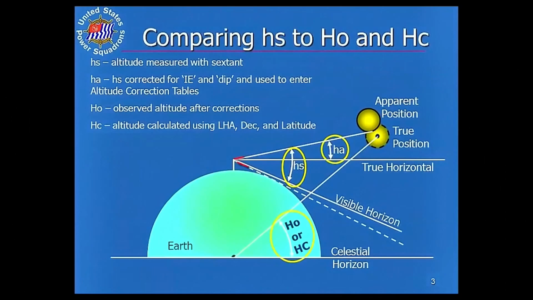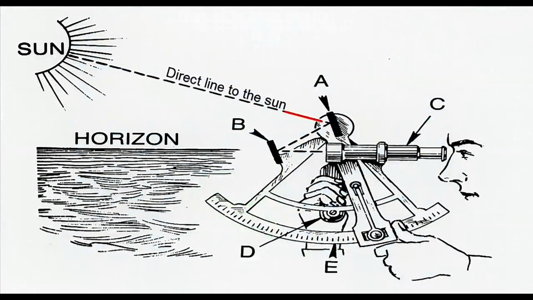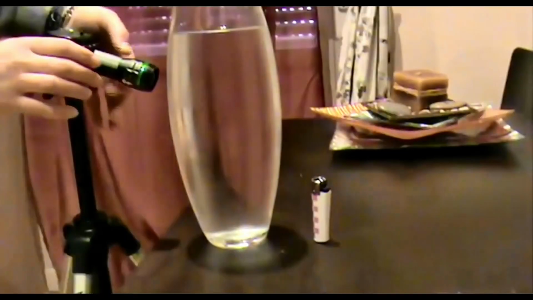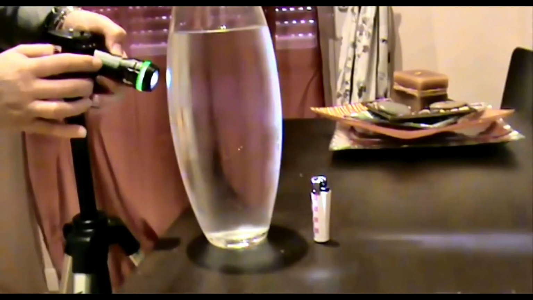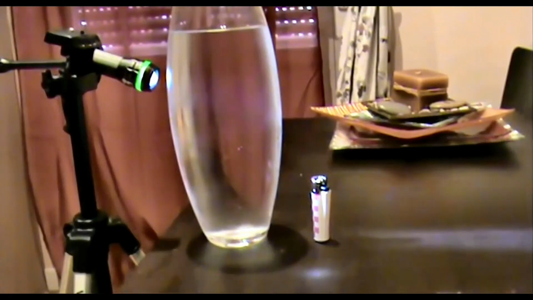Some people are going to tell me that the sunlight bends because of the atmosphere. Well, if the sunlight really bends because of the atmosphere, just like the laser beam through the water, then this is going to make it even worse. And check this out, I'm trying to prove it to you. If the sunlight bends, it's going to make a shadow look shorter than it should be.